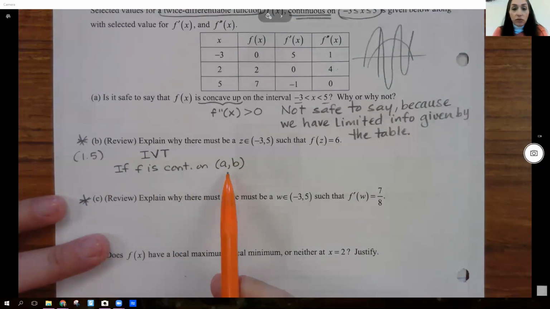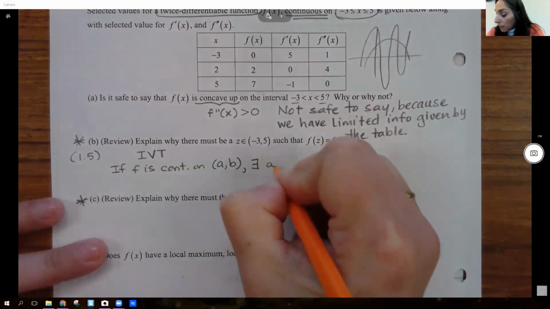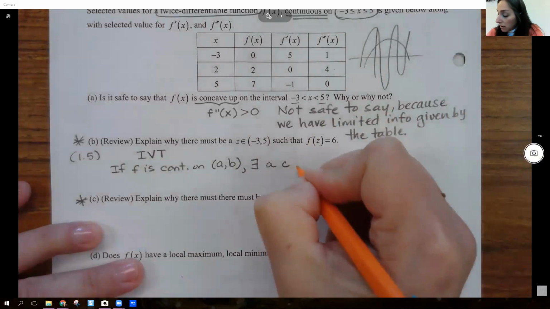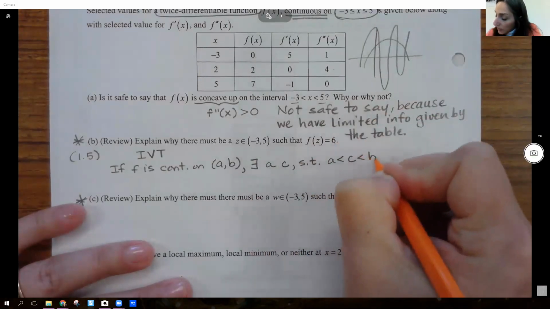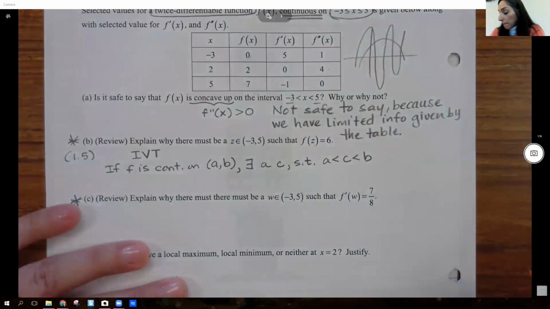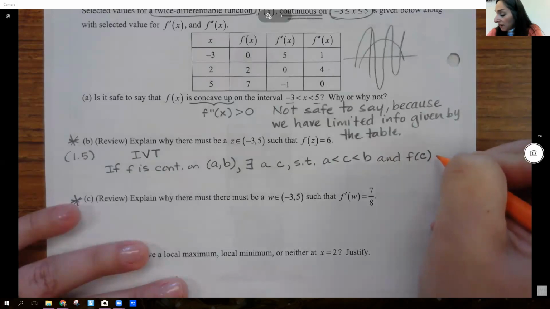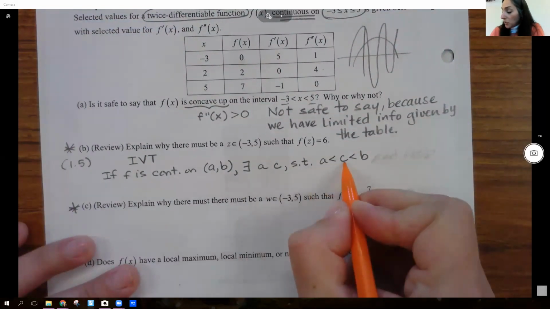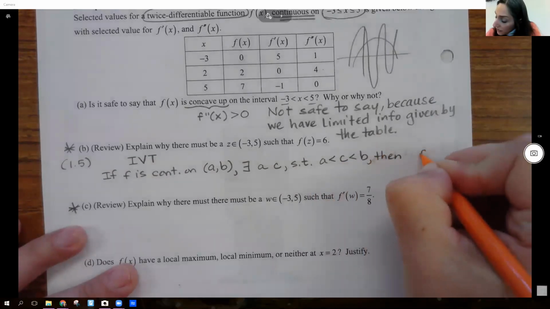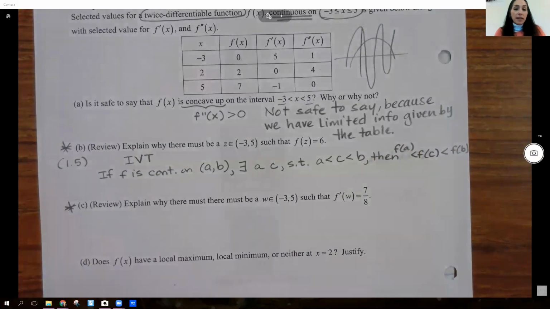If F is continuous on a closed interval from A to B, there exists a C such that C is in between A and B, then F of C has to be between F of B and F of A. I really crammed that in there, but that's basically the intermediate value theorem.